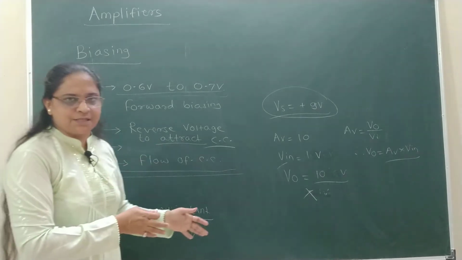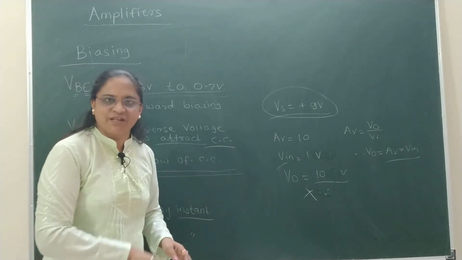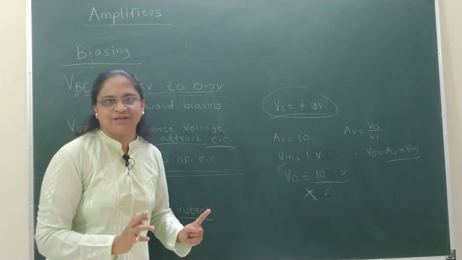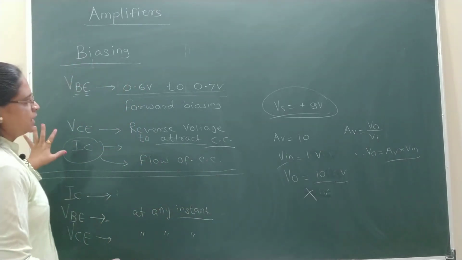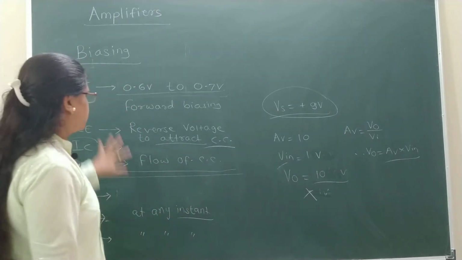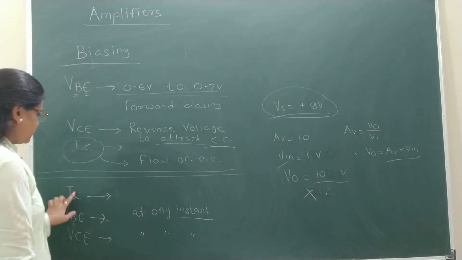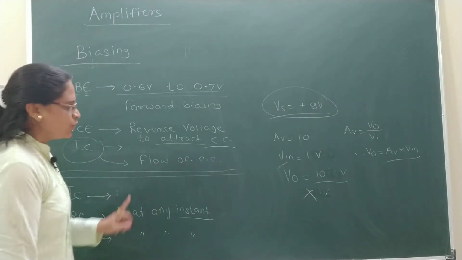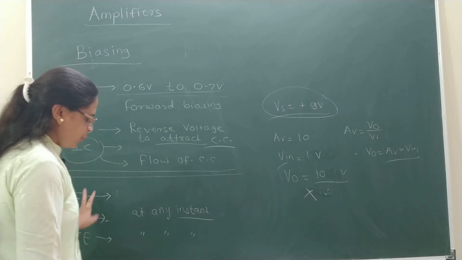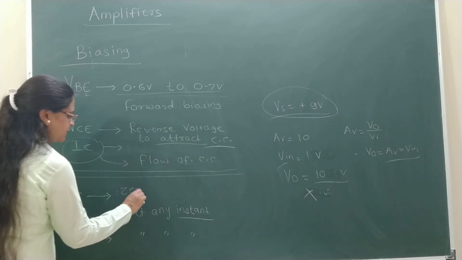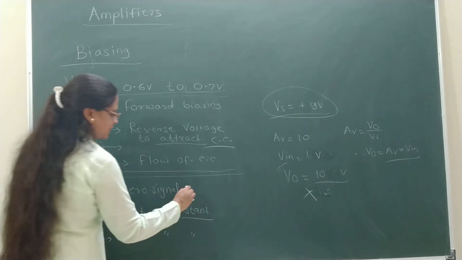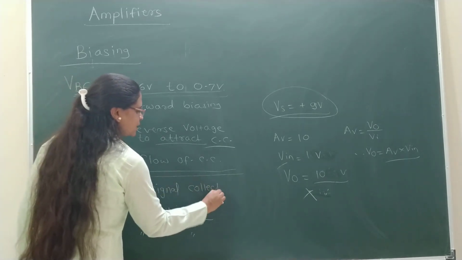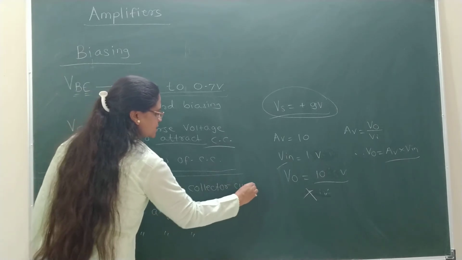So these two batteries and these two potential differences have to be always available, so that even though you change the input signal that needs amplification, these are the parameters which are always essential. So what is biasing? To provide a proper zero signal collector current. Zero signal, whenever there is no signal given for amplification, this zero signal collector current is always essential.